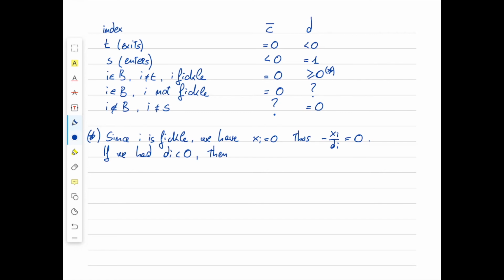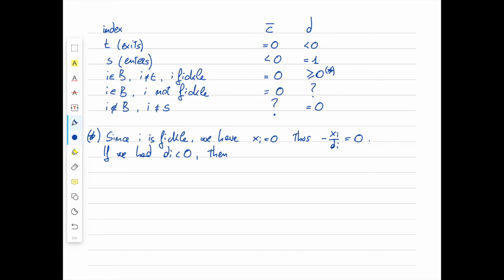So now it would have been tied with other variables to exit the basis. So our pivoting rule comes into play, and Bland's rule tells us that the smallest index should exit the basis. But the index i, since it is Fickle, is smaller than t. Therefore, our pivoting rule shouldn't have picked t to exit the basis, but it should have picked i instead. So this is a contradiction.